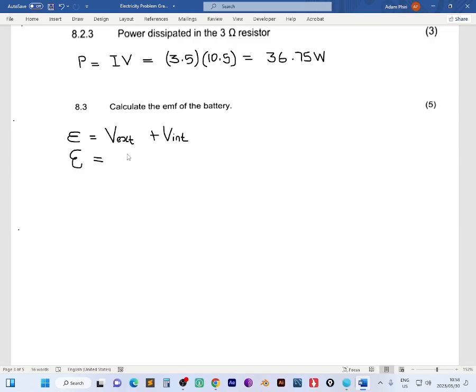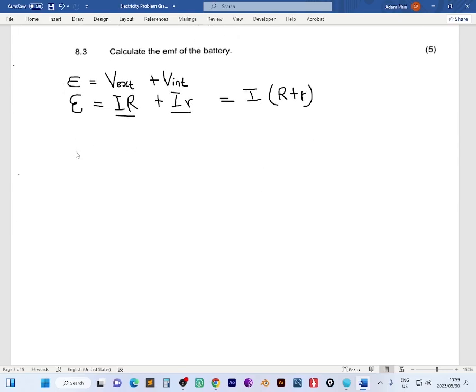For that we need the current, and then we have the external resistor plus the same current with the internal resistance. Now you can see that we need to find our current multiplied by the resistance, which gives the potential difference. So from this, that's the same equation as the previous one.